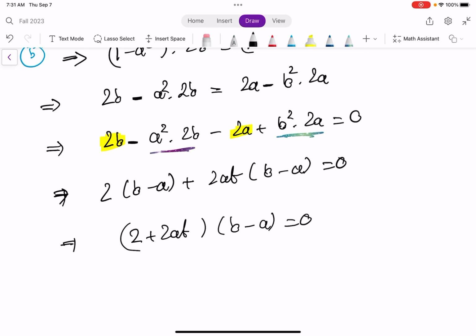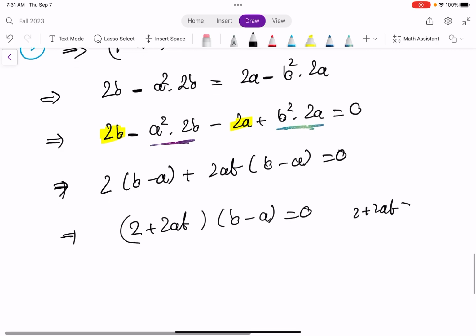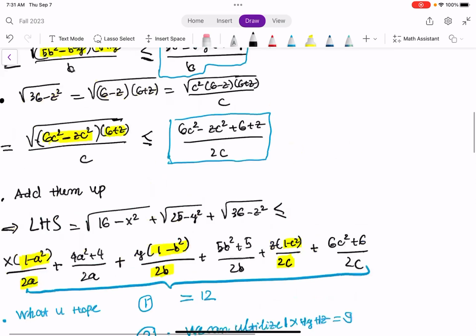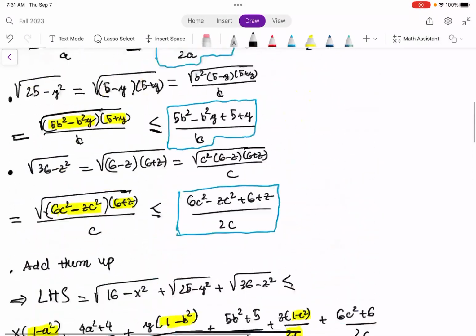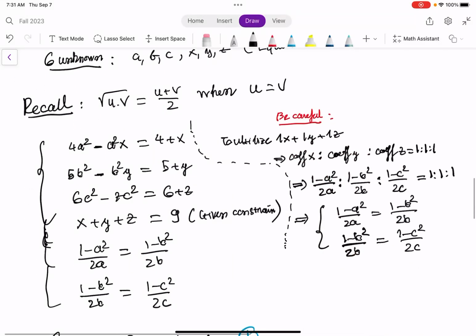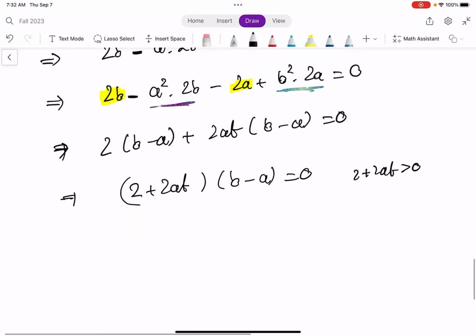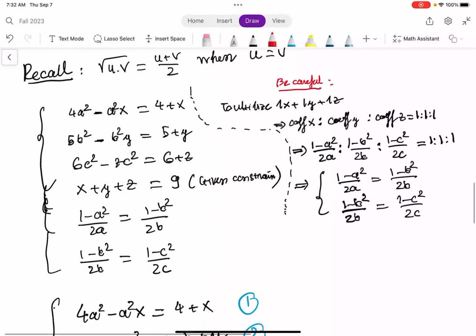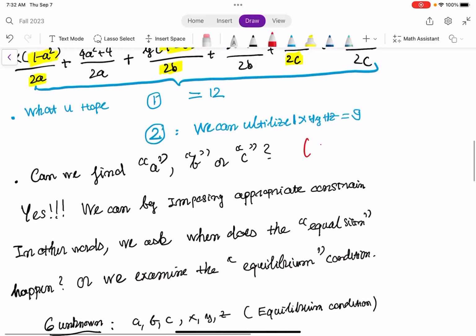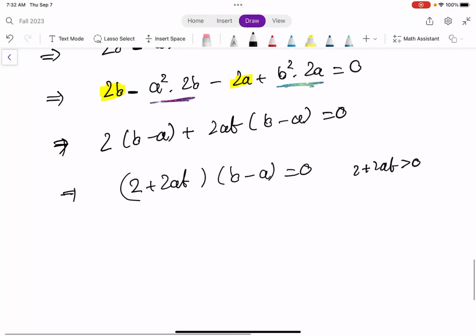And you notice that 2 plus 2ab is greater than 0 because we state that a, b, c are positive numbers. I think I did say that, right? Yeah, let me make a note here. Probably we haven't said it yet. So a, b, c are greater than 0, positive numbers. Okay, so with that being said, you have b minus a equals 0 and you have a equals b.